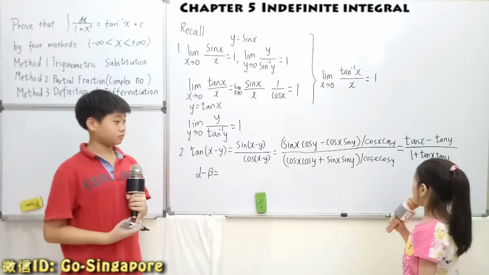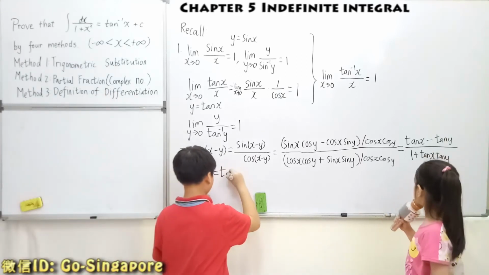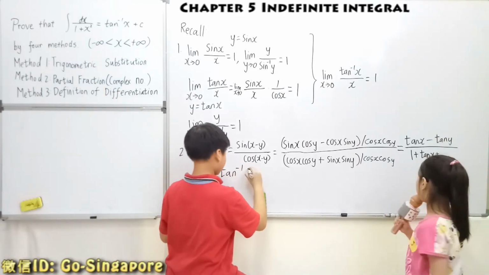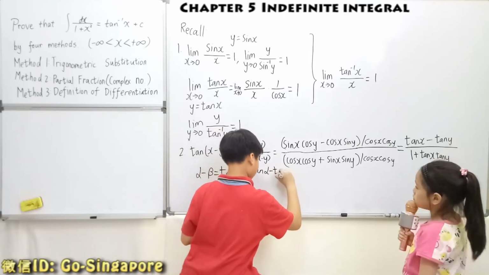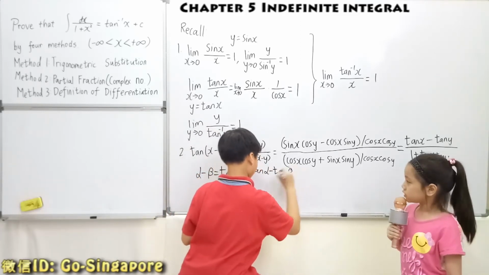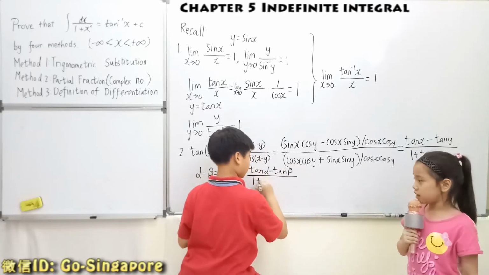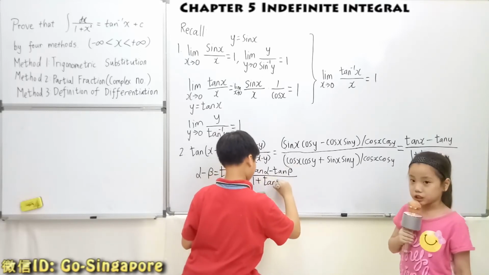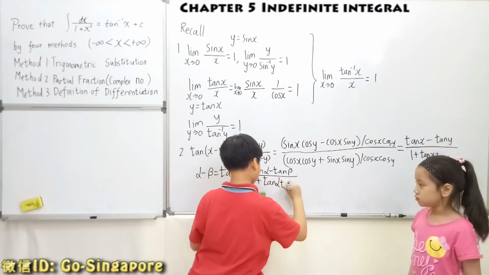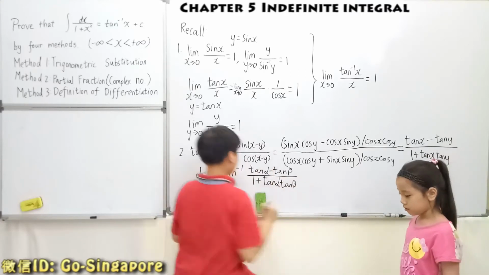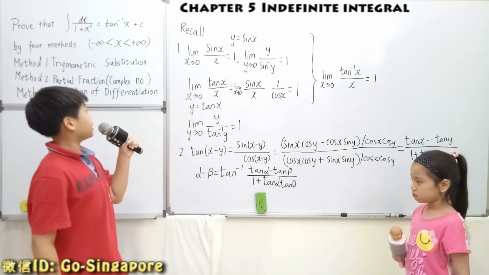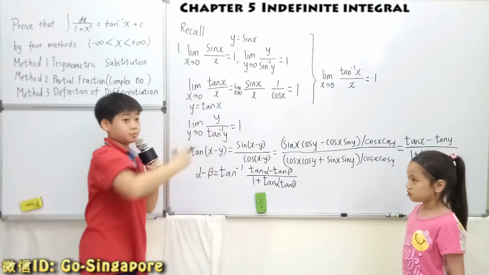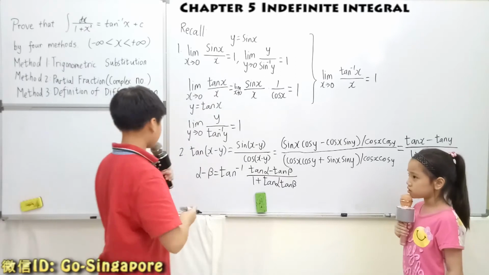Tangent of alpha minus beta equals tangent alpha minus tangent beta over 1 plus tangent alpha tangent beta. Yes. So it will be like this, right? Right. Okay. So first, can we erase the first part and start using this, okay?